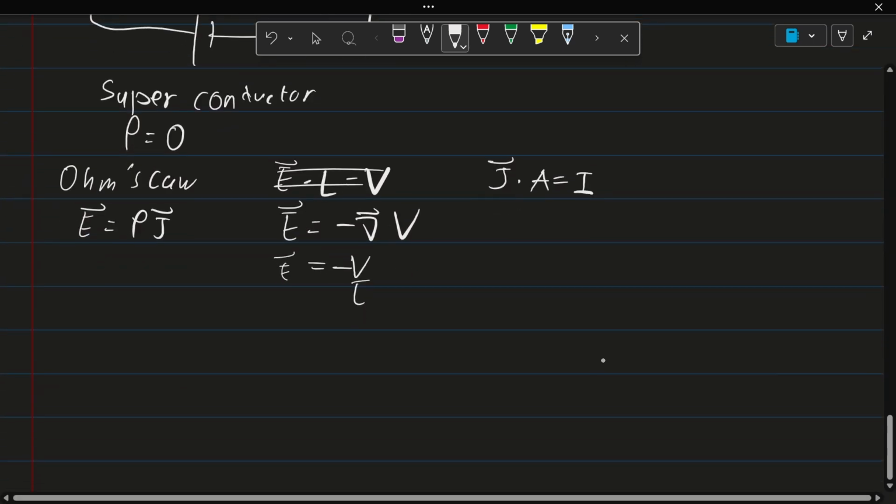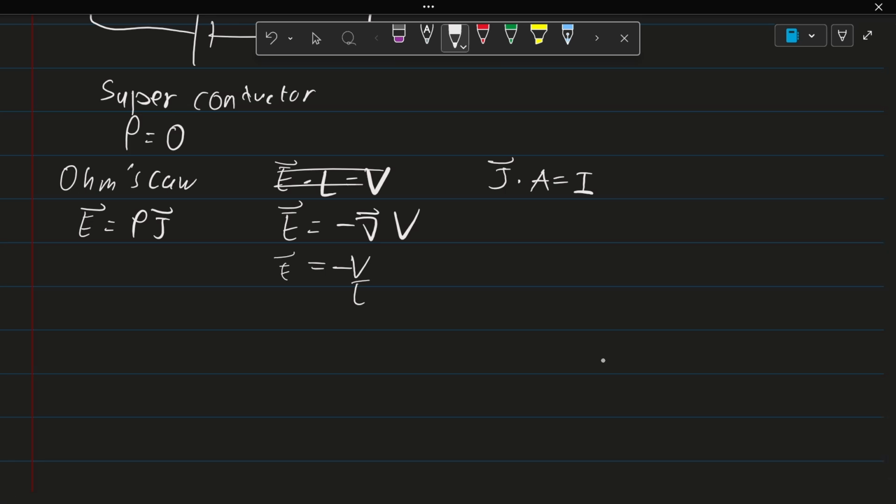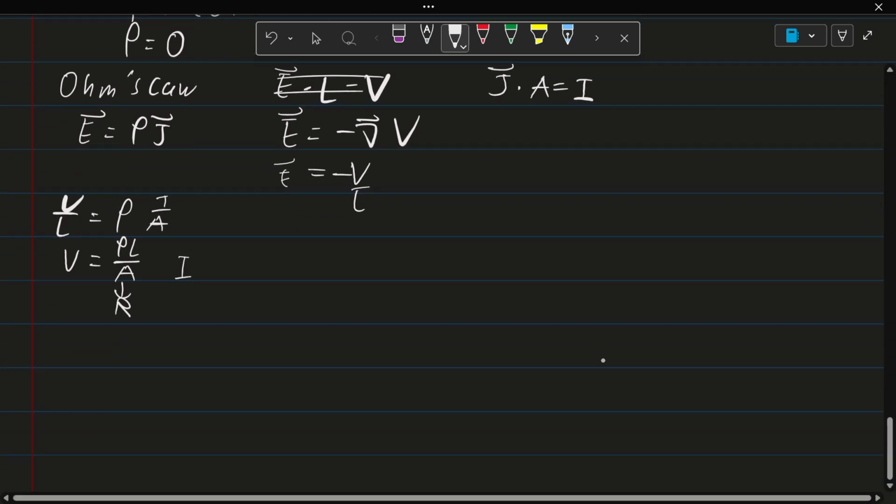When you combine these into Ohm's law, taking the positive values, V over L equals rho I over A. So we see a relation of voltage and current in terms of rho L over A. And this rho L over A is what you call resistance. Resistance is a macroscopic property.